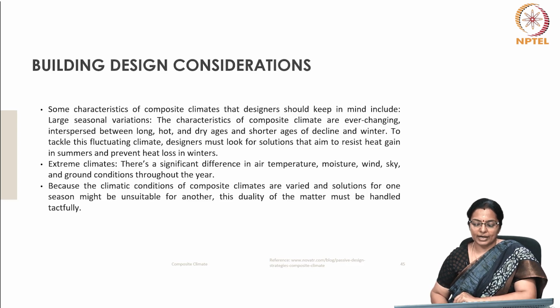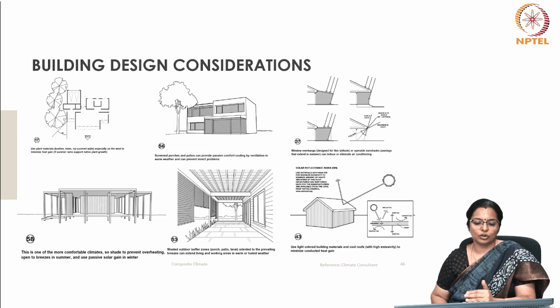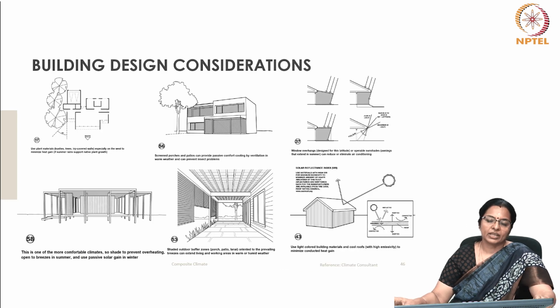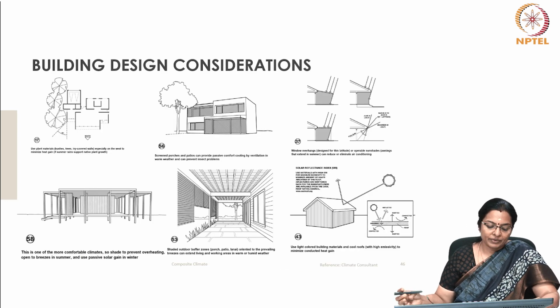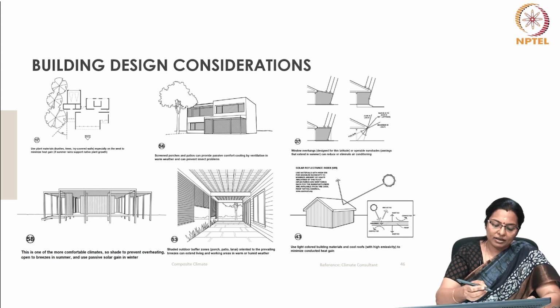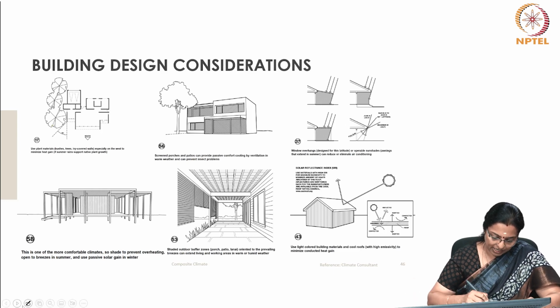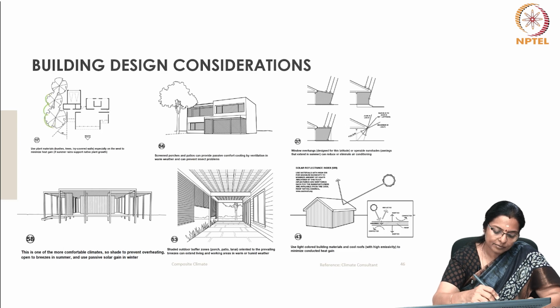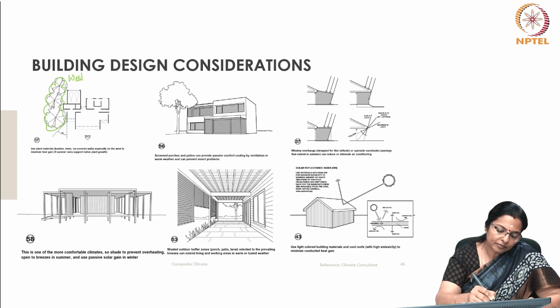Let us now look at the building design considerations for this climate. In this climate, one must use plant materials such as shrubs, bushes, and trees on the western side.